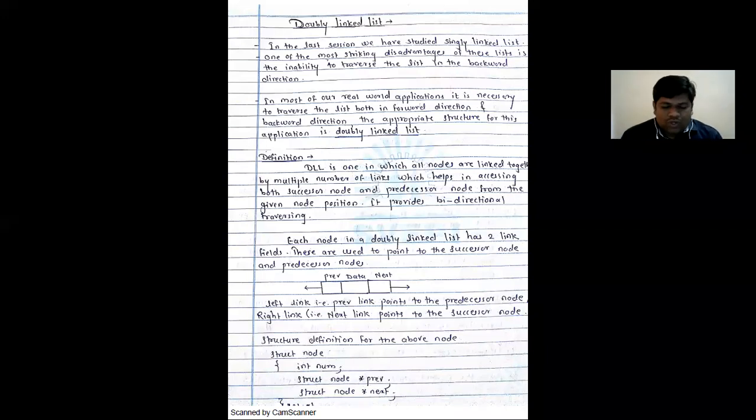Only one. How many fields? I am talking about fields, or how you are creating this node. To create a node, what type of concept are you using in a singly linked list? Info and link. So you are using a structure. What type of structure?